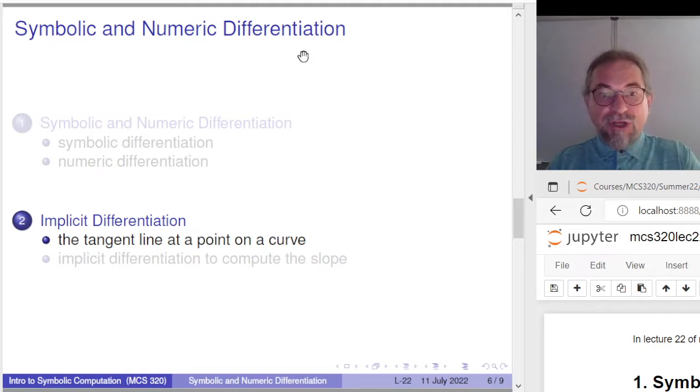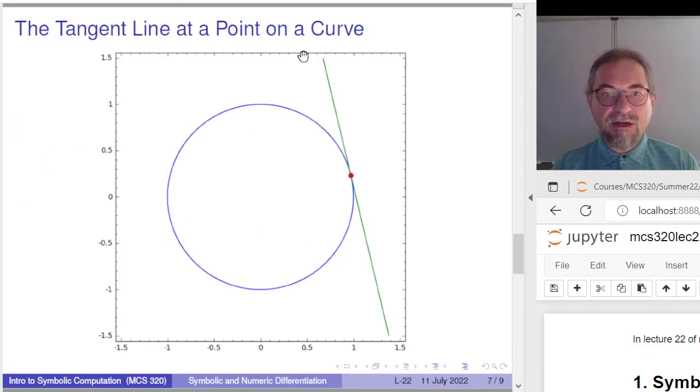An application of differentiation is here geometric. So here is the picture. We have the blue circle, so it's the unit circle. I picked a random point, so the random point is here, this dot. And then the green line is the tangent line at that point to the circle.